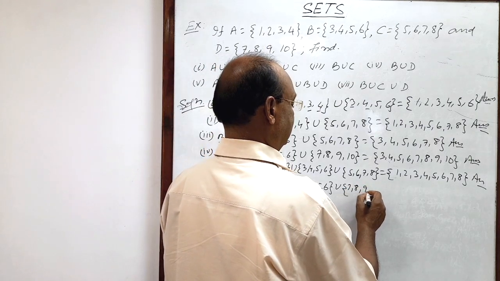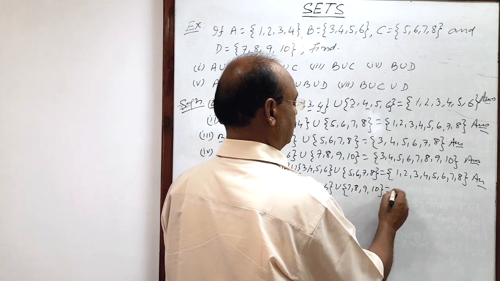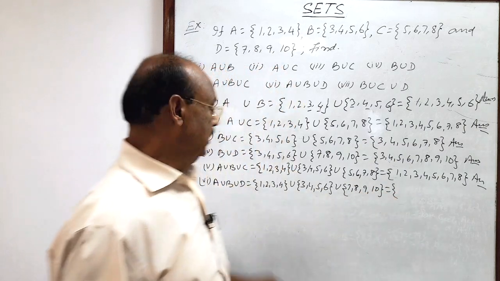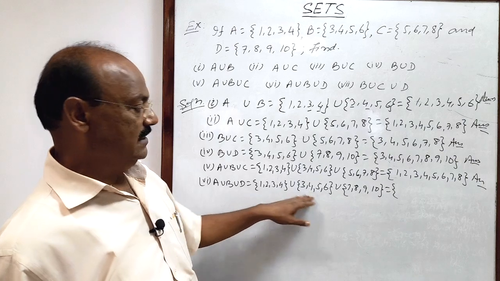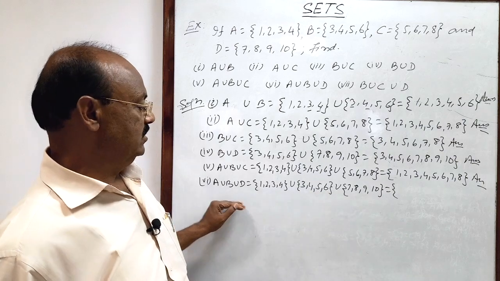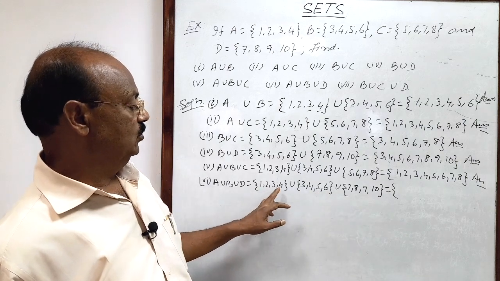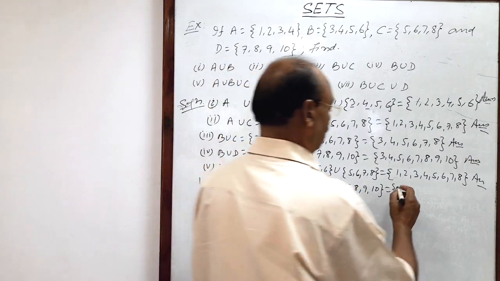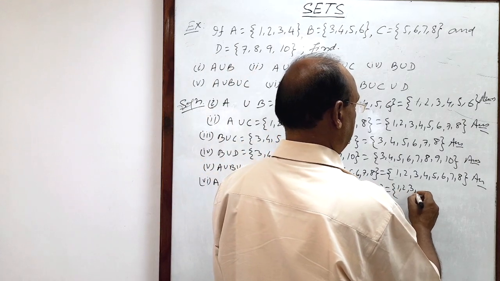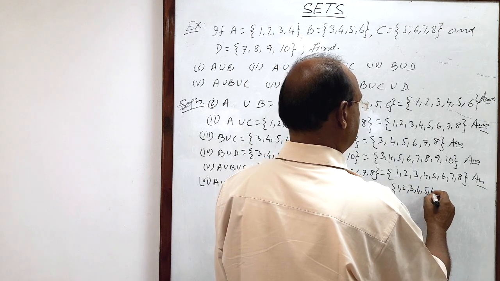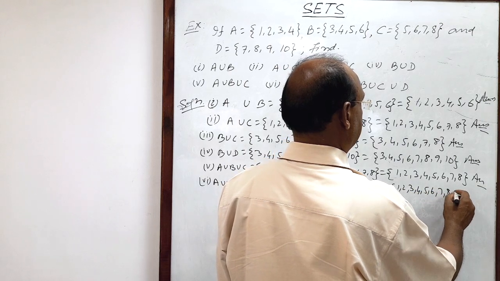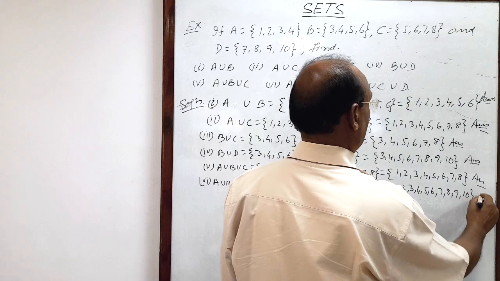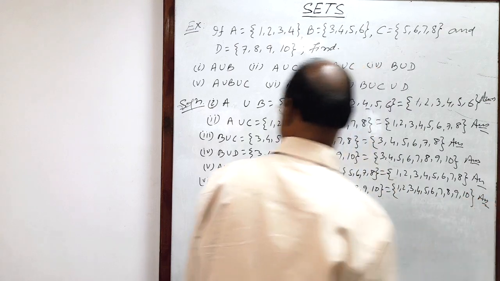So let us collect all the elements from these three sets to get the union of these three sets. So 1, 2, 3, 4, 5, 6, 7, 8, 9, 10. This will be the answer.